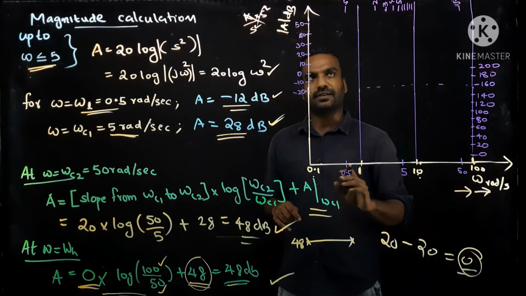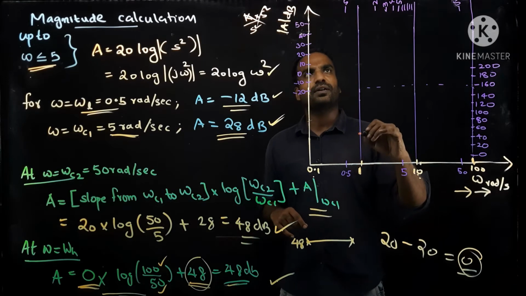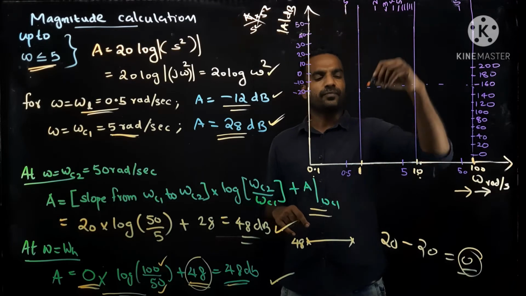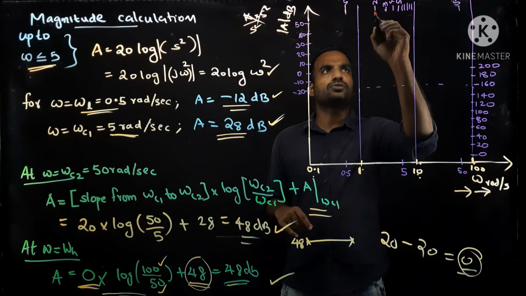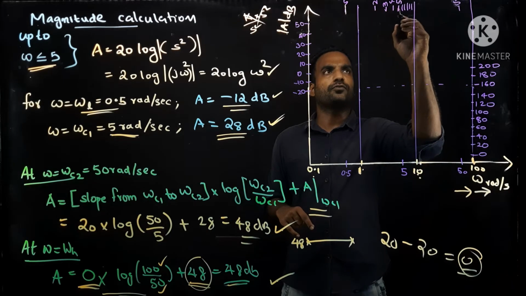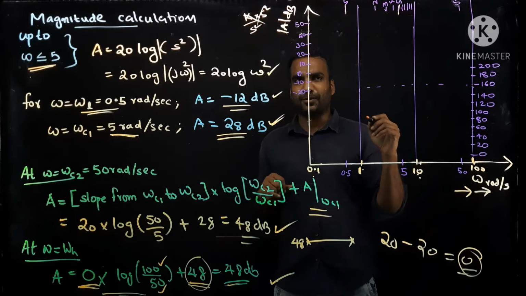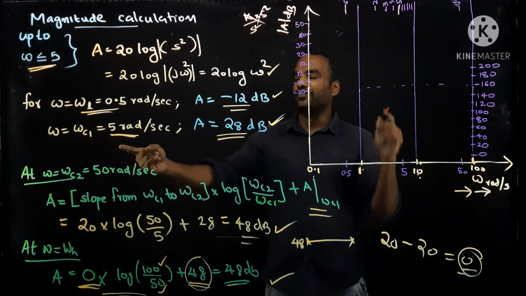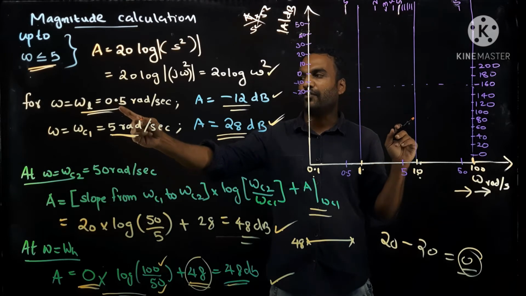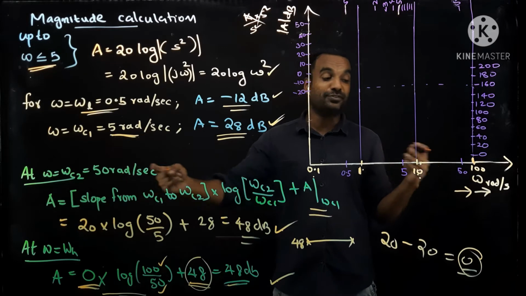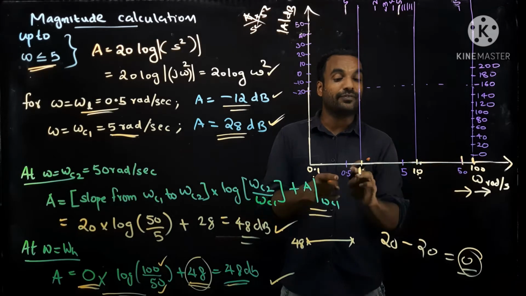Three decades are considered. In between 0.1 to 1 there are 10 divisions and 5 is marked here. In between 1 to 10 there are also 10 divisions: 2, 3, 4, 5 is marked here. Why am I stressing on 5? Because please check the frequencies: omega L is 0.5, omega C1 is 5, omega C2 is 50. Everywhere we need the division of 5.